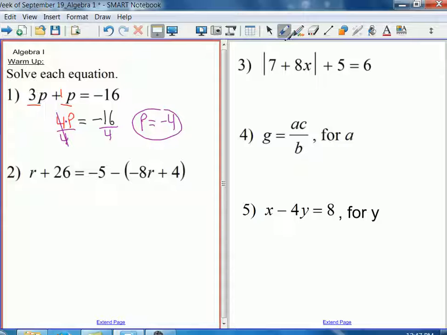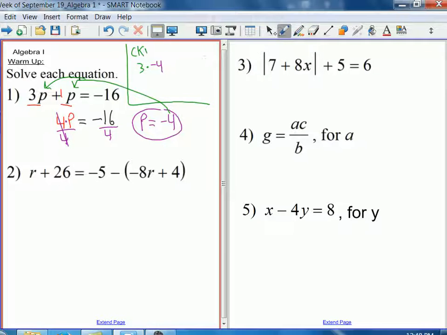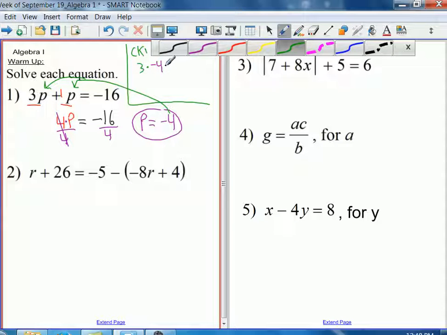How do we know it's right? Well, we can check it. We would take the number and plug it back in for p, in this case both times. So you plug in 3 times p, which was negative 4, and then plus p, which was negative 4.